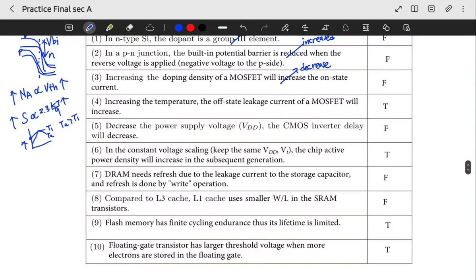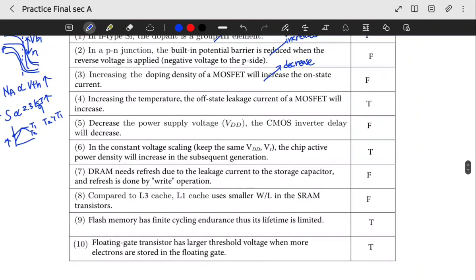Number 5, decrease the power supply voltage VDD, the CMOS inverter delay will decrease. If you recall, the delay tau is C times VDD over Ion.